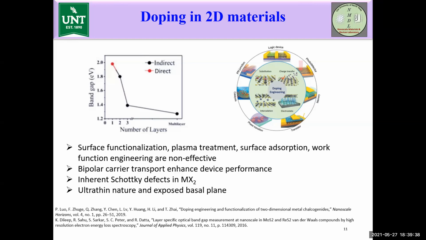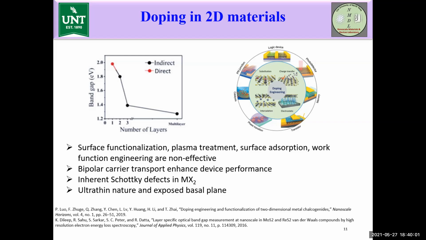Our work is mainly focused on substitution and charge transfer doping. Also, because of the inherent Schottky defects already present in the transition metal chalcogenides, it is easier to dope these materials employing these techniques.